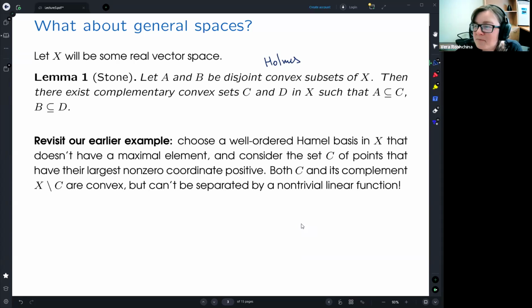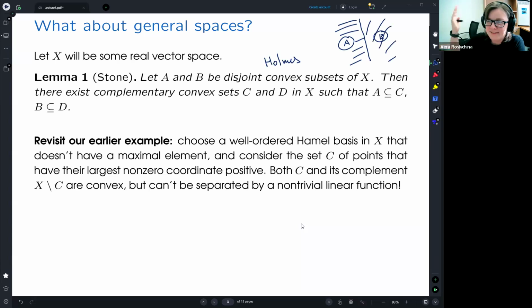So when we are in n-dimensional space, we'll take A and B and then separate them with a hyperplane. And of course, one of those complementary convex sets will be one side of the hyperplane, maybe with also some separation within the hyperplane, and the second one will be the other one. But it doesn't always happen like this in infinite dimensional spaces.